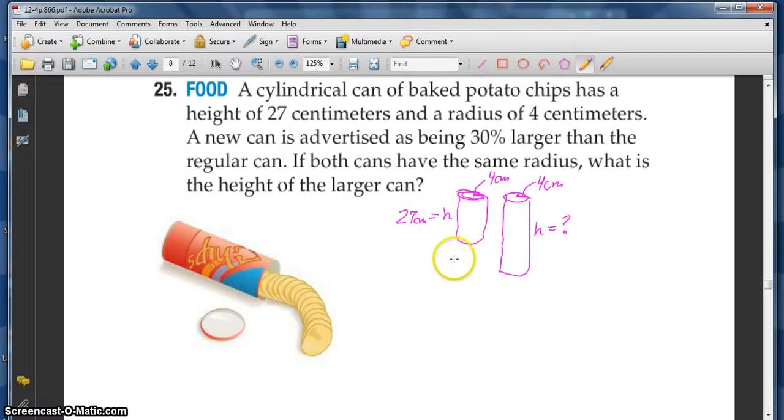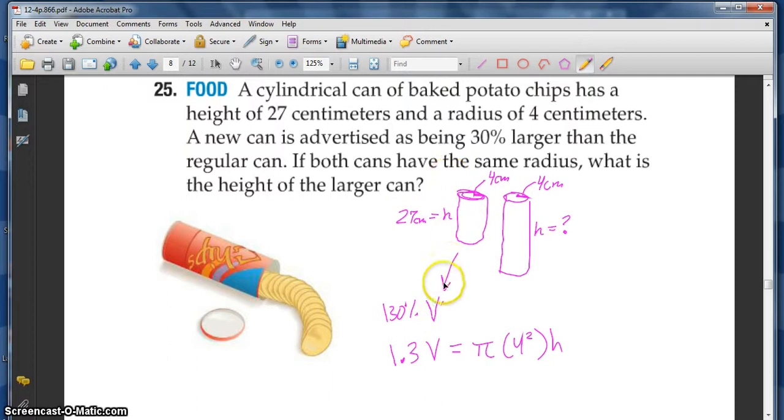So if we take our volume here and multiply it by 130%, which we can write as 1.3 as a decimal, so 1.3 times our volume will be equal to this volume, which is given by pi r squared, where the radius is 4, and the height is what we are trying to find.